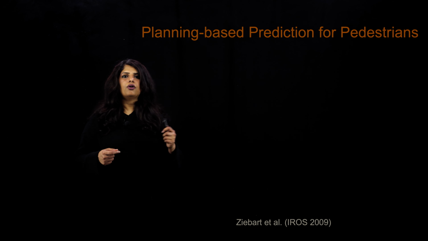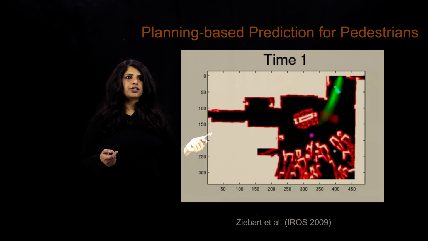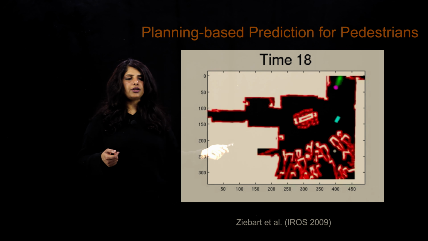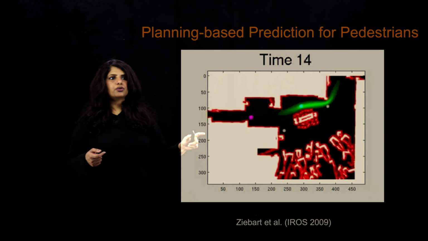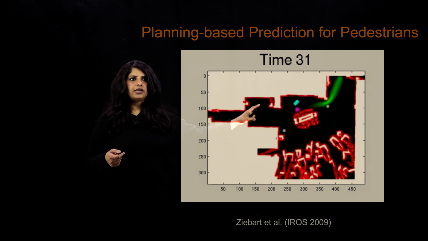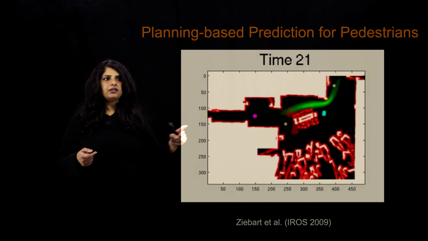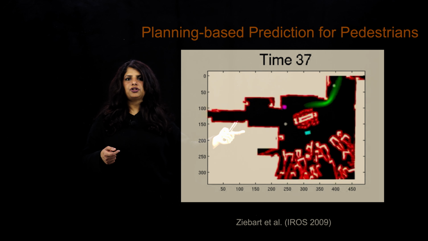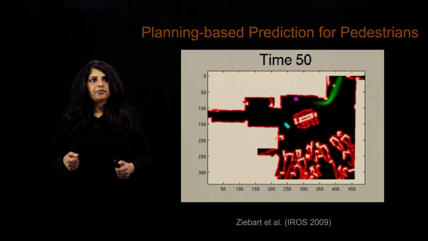Another case of trying to treat humans as noisily optimal is this project for predicting pedestrian paths. This is an example that we looked at in the previous video as well. Here, the blue dot is the robot, which is trying to estimate the decisions of a human and then go on to perform actions subsequently that account for the human decision making.